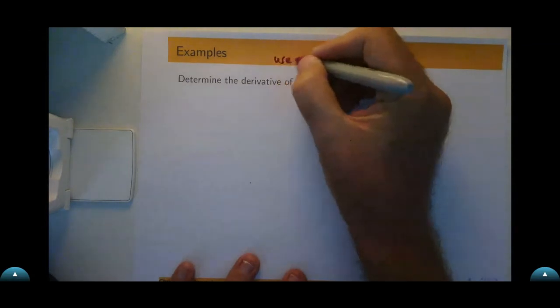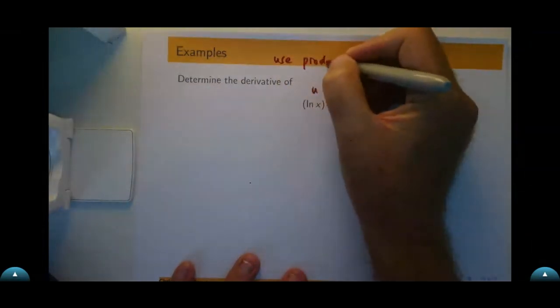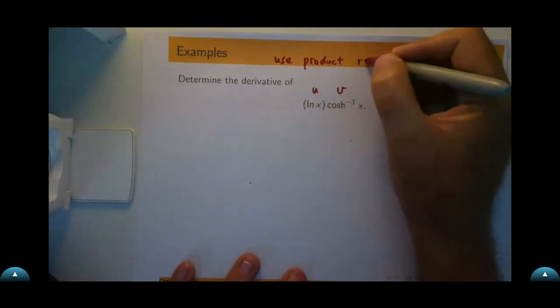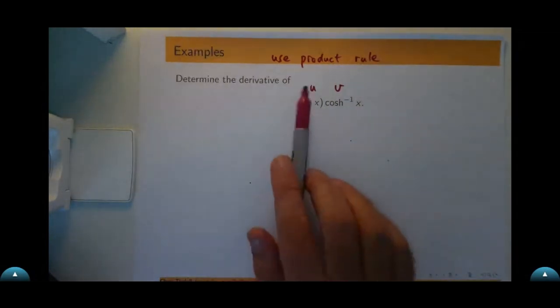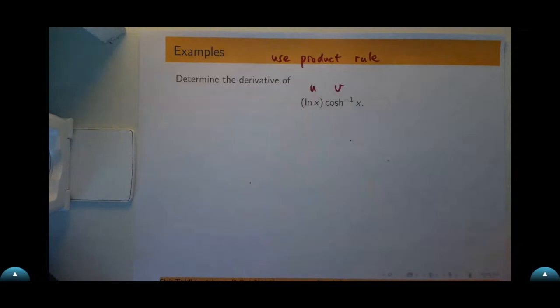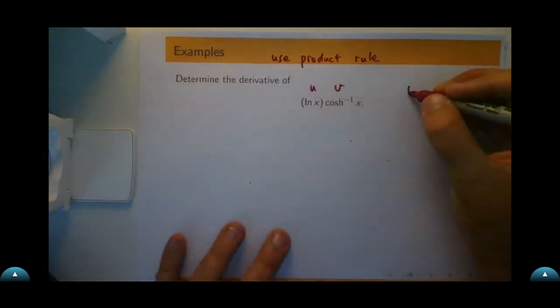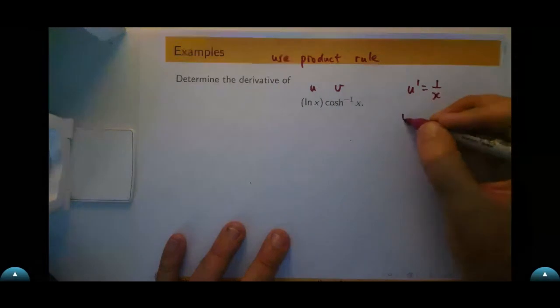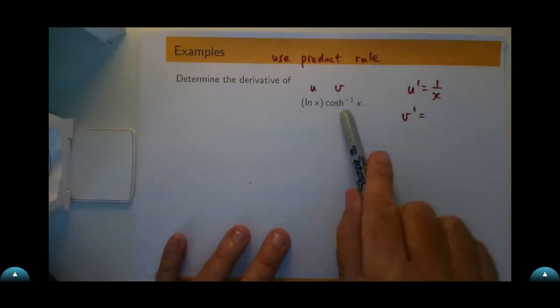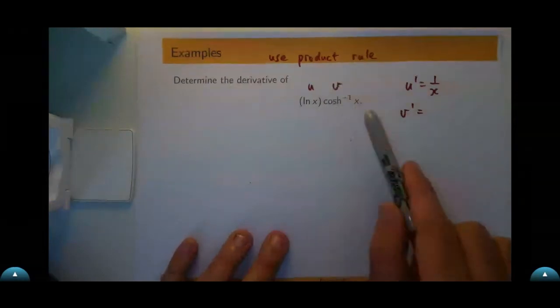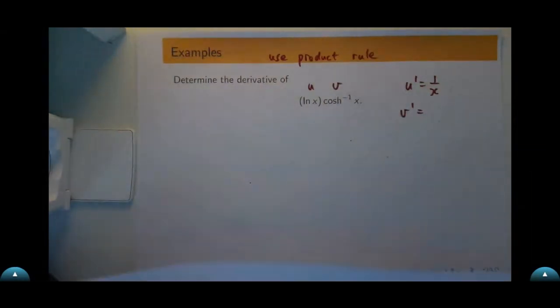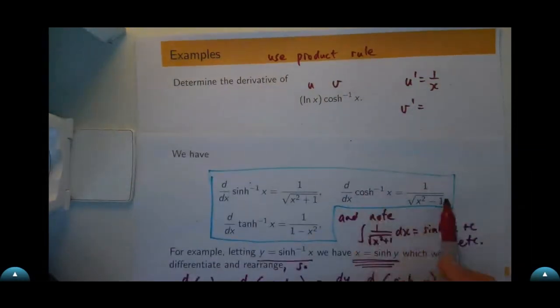So the strategy here, use the product rule. It doesn't matter which way you label them, but if u is log x, u dash is 1 on x. And if this is cosh inverse, then the derivative is down here.